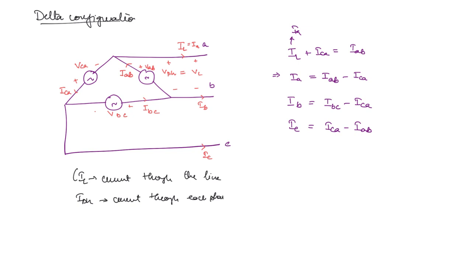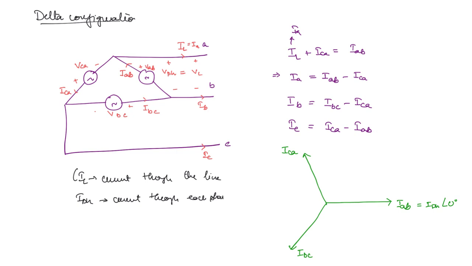So in order to draw the phasor diagram, we will take IAB as the reference phasor. So what will be IAB? This will have the magnitude I phase and angle will be 0 degrees. Then what about IBC? This is going to be lagging IAB by 120 degrees. And next ICA. This is going to be further lagging IBC by 120 degrees.